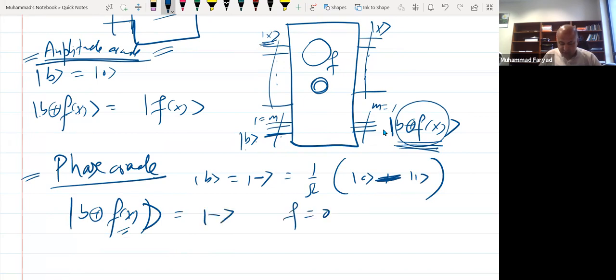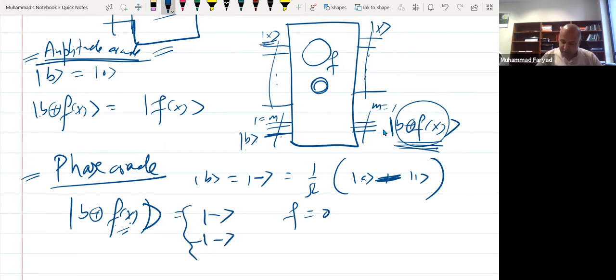Because if this is 0, then whatever b is, where in this case b is a negative state, we get negative. But if f is 1, then 0 plus 1 would be 1, and 1 plus 0 would be 1, and 1 plus 1 would be 0. So we can take minus common, and this becomes this state.